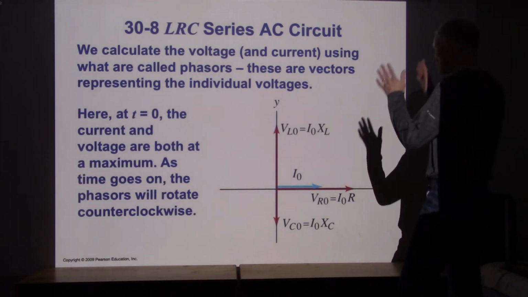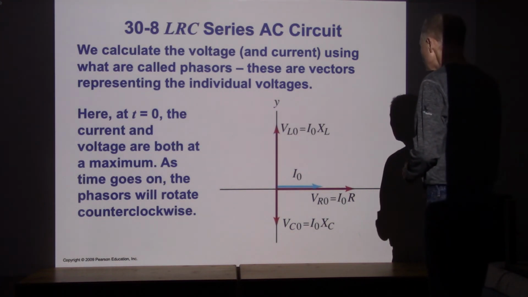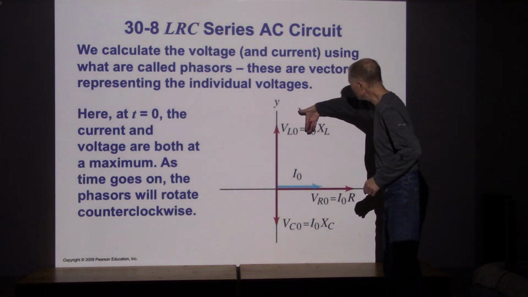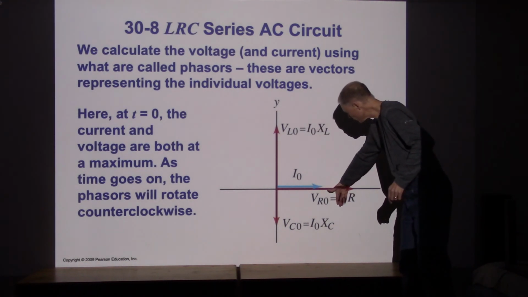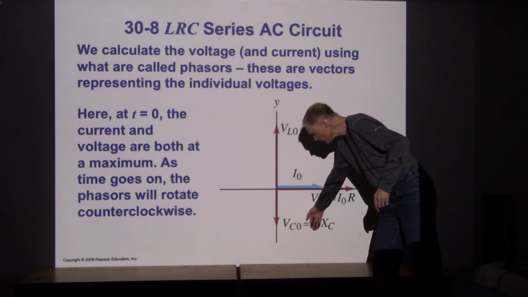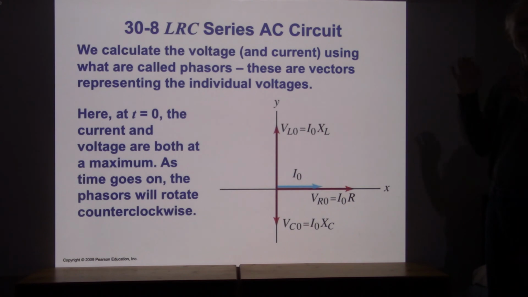So that would give us a diagram that looks exactly the same, all those red phasors, but the diagram now would be reading XL, R, and XC. And that's what I call the impedance diagram, and I think that's the easiest diagram to work from.